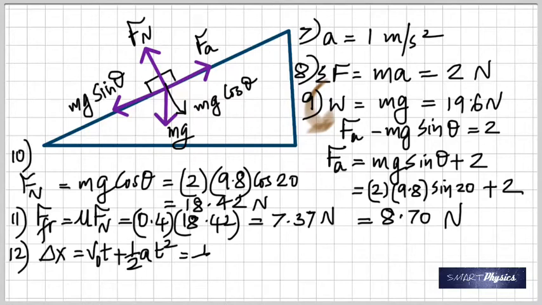But didn't you tell me that the initial velocity is 0? If that's the case, this whole term becomes 0. So you only have 1/2 times 1 times t squared. 20 squared is 400. So it would go up 200 meters. It would go 200 meters up the incline.